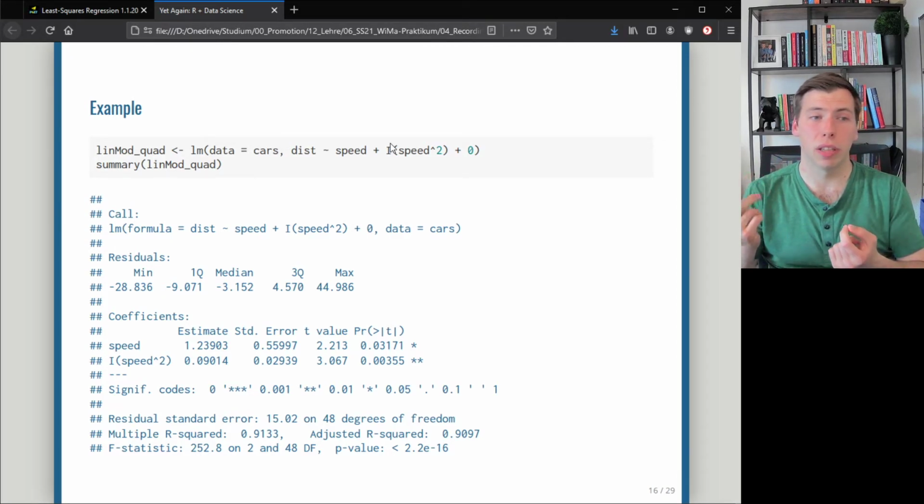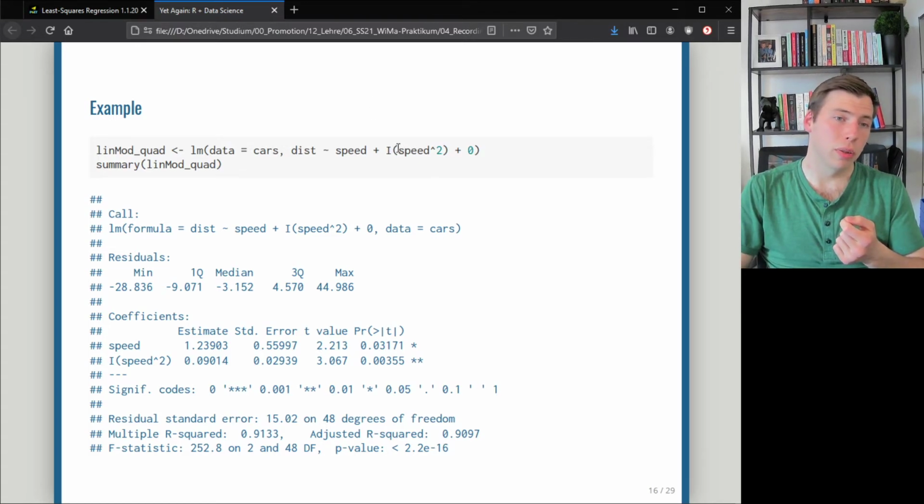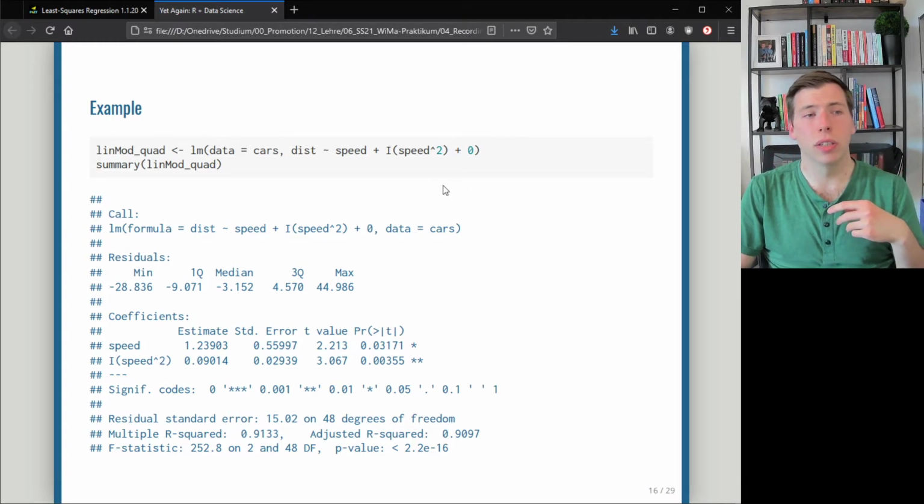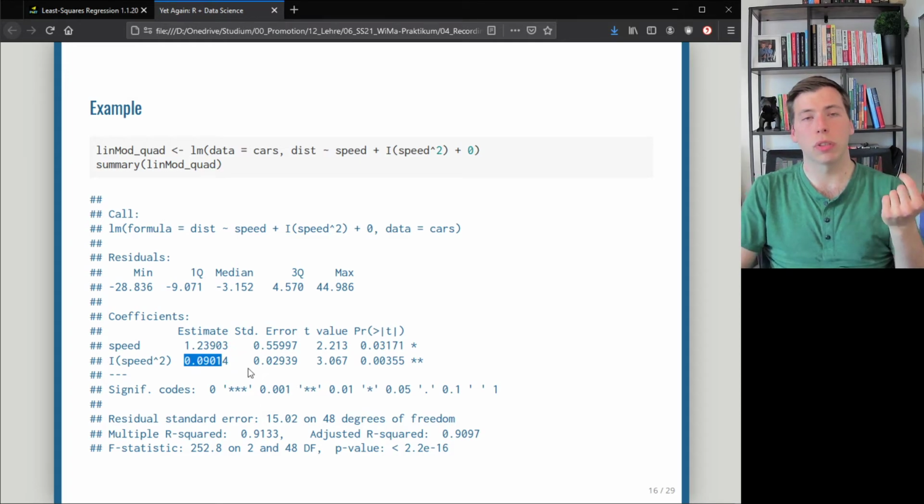I wanted to make this another predictor, and in order for this to work, this is just R syntax, you need to be aware of that, I needed to put this into I and these parentheses here, and then I could simply run the lm command and get a new linear model with a quadratic term. Then I can compute summary as before, and here you can see that I got an estimate now for speed and an estimate for the squared speed term.